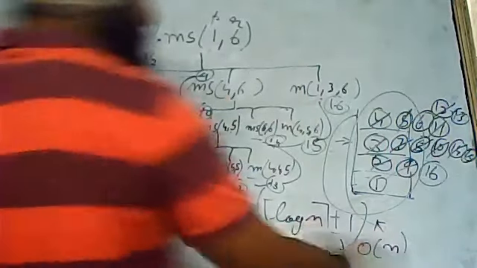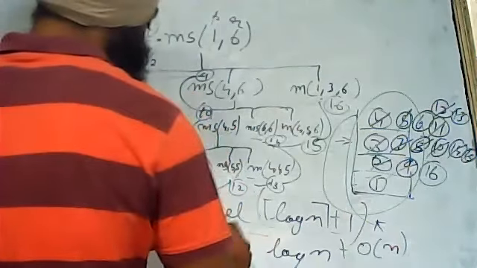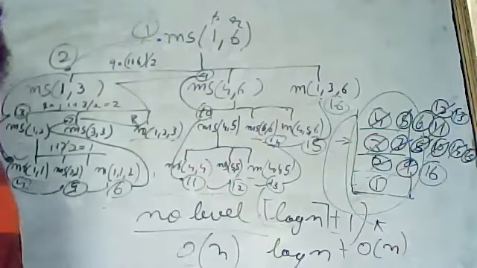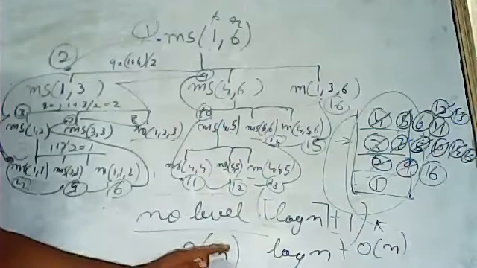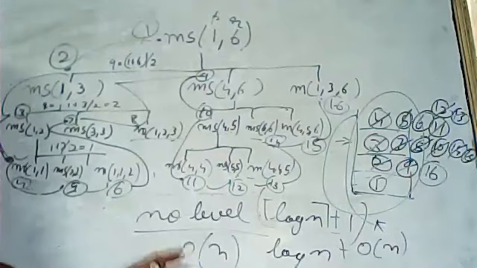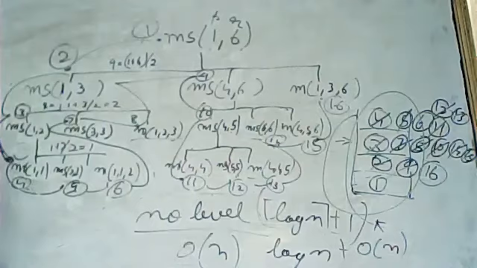So which one is bigger? Is log n bigger or is n bigger? So n is bigger, so we'll consider that the space complexity is order of n. So it is not taking much space, it is only taking order of n. In the case of insertion sort, it was big O of 1. In this case, it is big O of n, because n extra spaces are needed. So this will not take much space in memory.